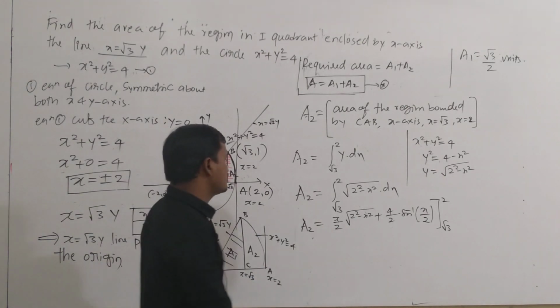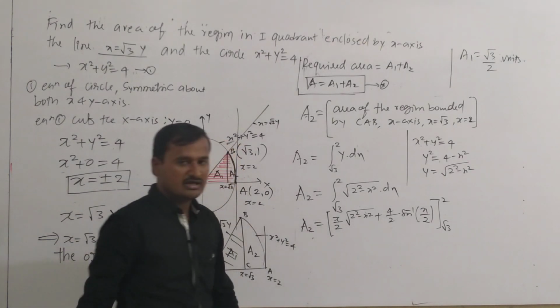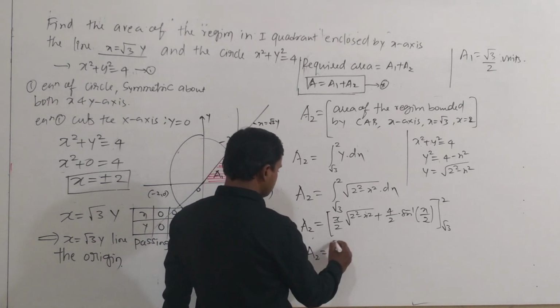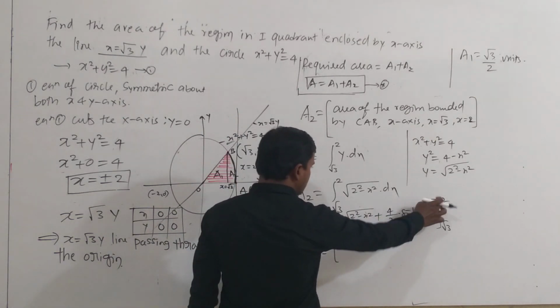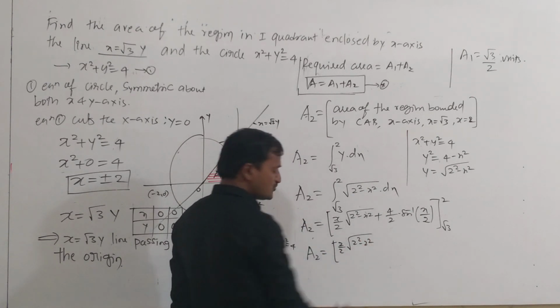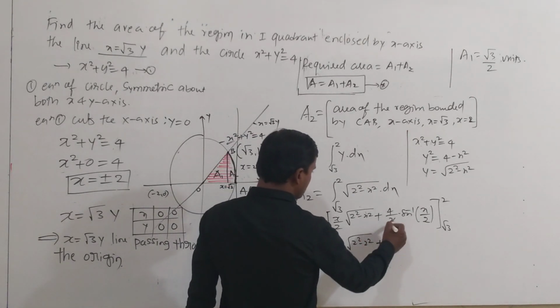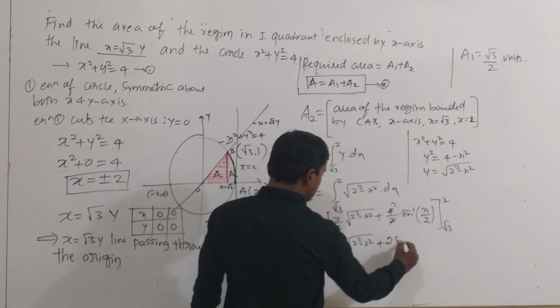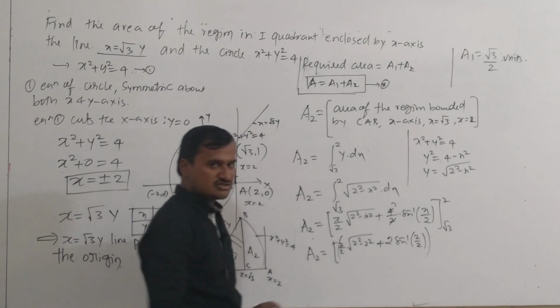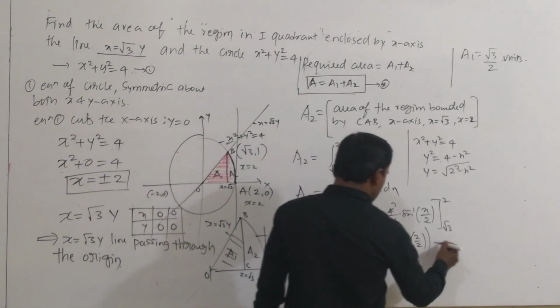Now we should substitute the upper limit, after that the lower limit. So a2 is equal to, in the place of x we substitute 2: 2 by 2 into square root of 2 square minus 2 square, plus 4 by 2, that is 2, into sine inverse of 2 by 2. So up to this the upper limit is over, minus the lower limit.